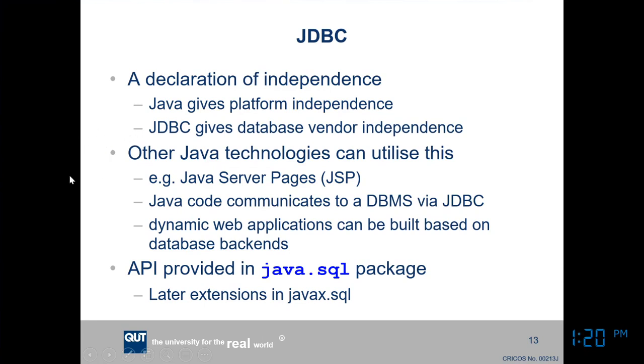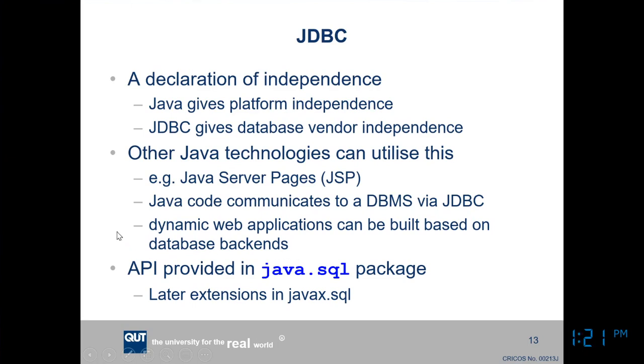Other Java technologies can make use of this. Java Server Pages, for example, is a technology used for basically creating website backends using Java. The idea is that the Java code communicates to a database via JDBC, and that allows you to get this sort of dynamic web application.